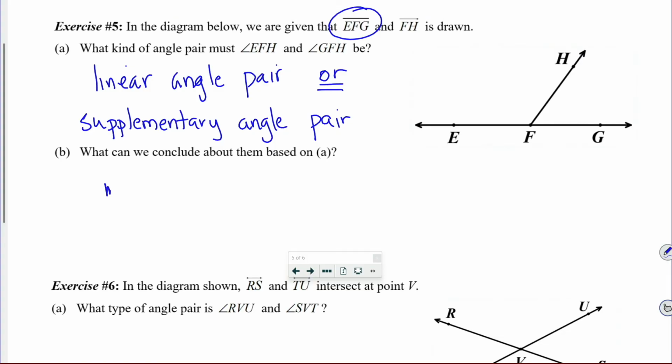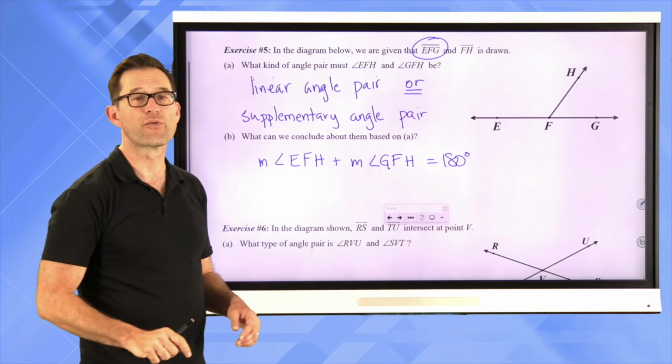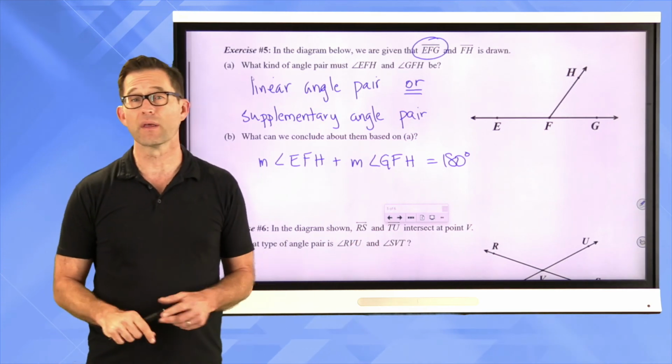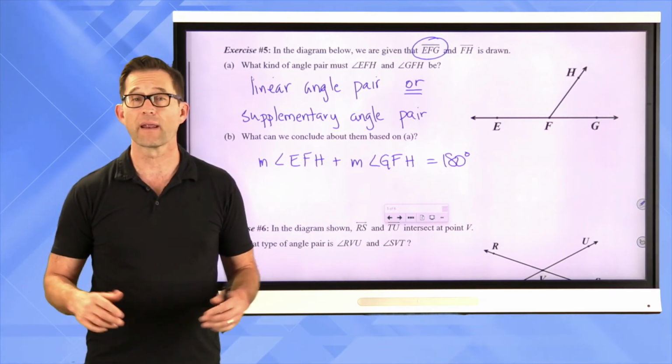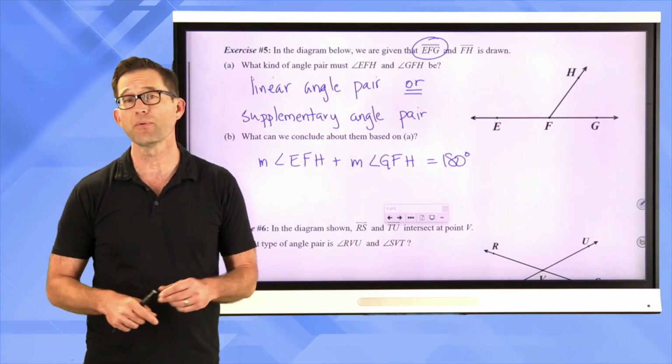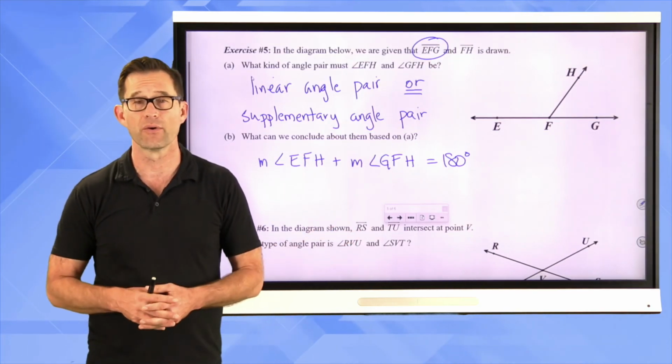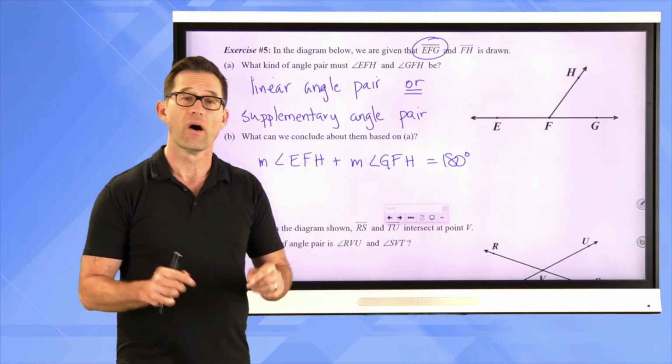In other words, the measure of angle EFH plus the measure of angle GFH equals 180 degrees. This one didn't ask us for a reason, but of course the reason would be because linear angle pairs add up to 180 degrees or because supplementary angle pairs add up to 180 degrees. All right, one more problem.